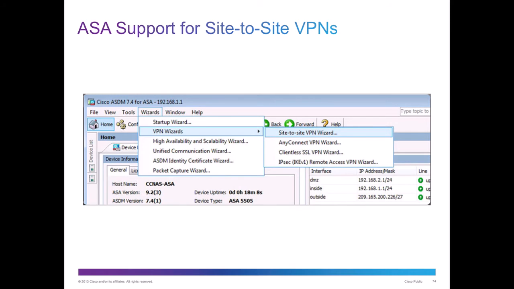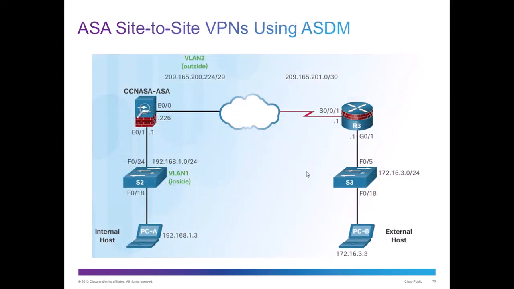So the first thing you're going to do is here it is. Excellent. So this is the ASA and this is the remote router that we have. And here are all the IP address configurations that we should set up. We're going to set up the ASA using the GUI, and we'll use the command line to configure router 3, and they'll be able to communicate with each other.